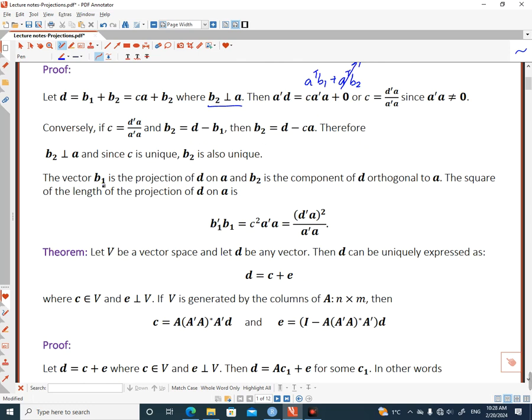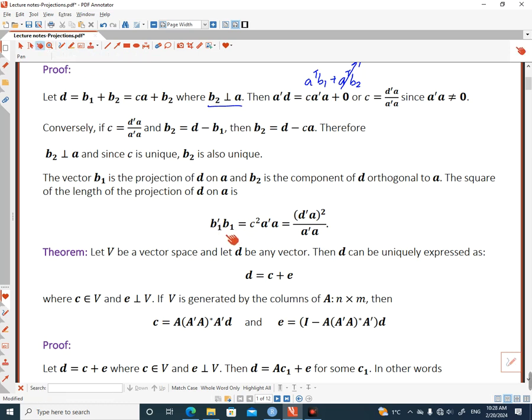Therefore, as I said, B1 is the projection of D on A, and B2 is the component of D orthogonal to A, as we saw in the visualization. Also, the square length of the projection B1 is B1 prime B1.